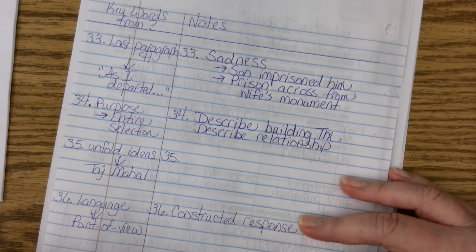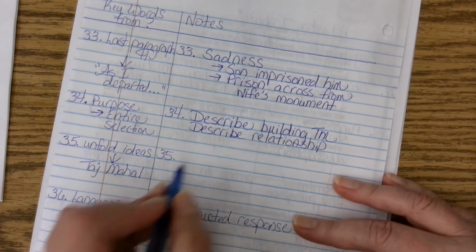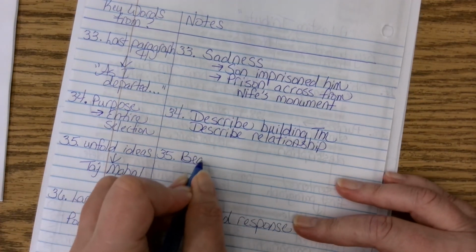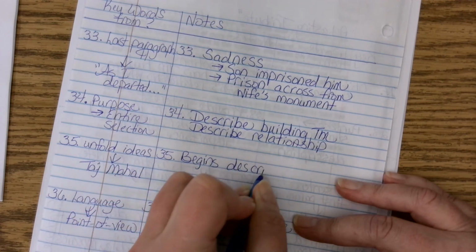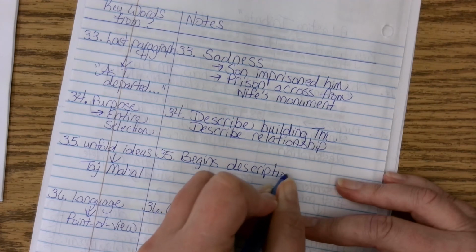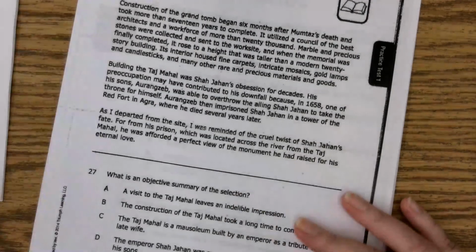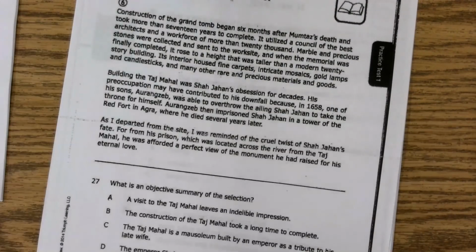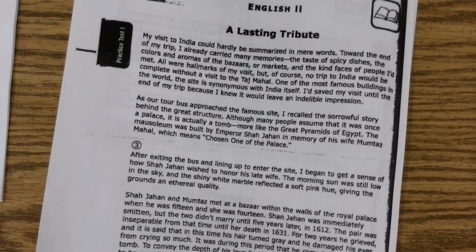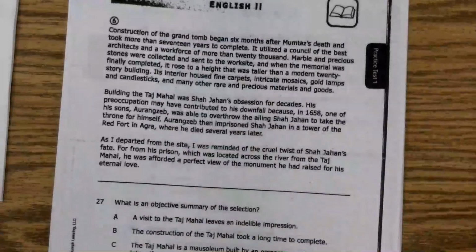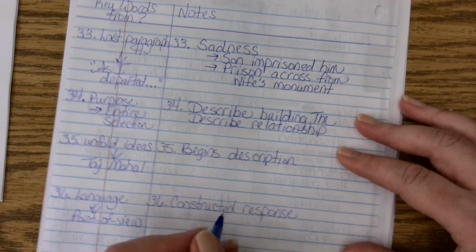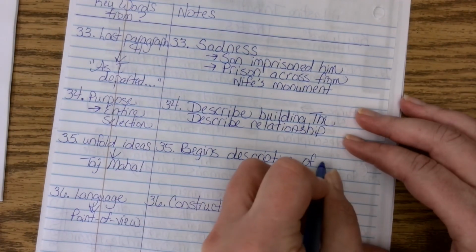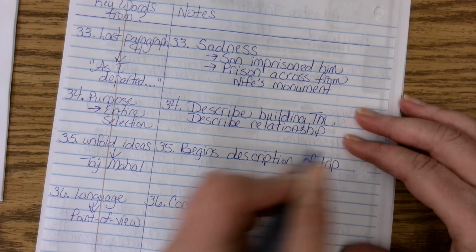So how does he unfold his ideas? He begins with description of trip. And you know what I just realized? I'm saying he all the way through, and we don't have an author's name. Let's just say the writer. Begins with description of trip.